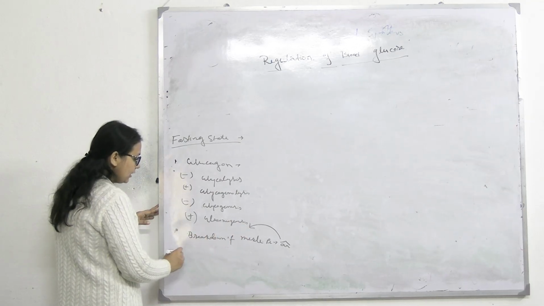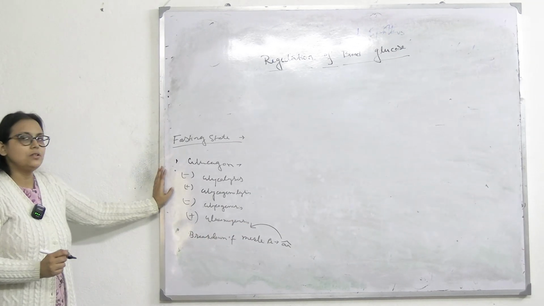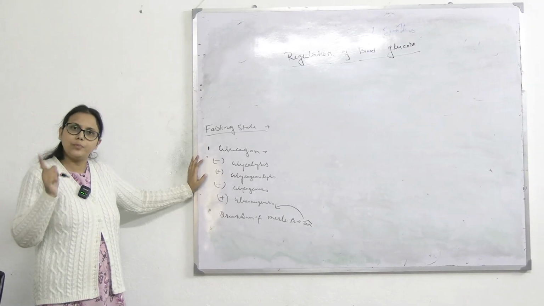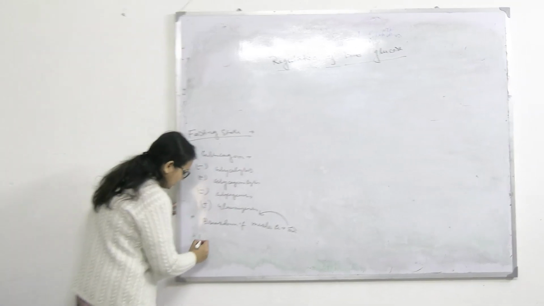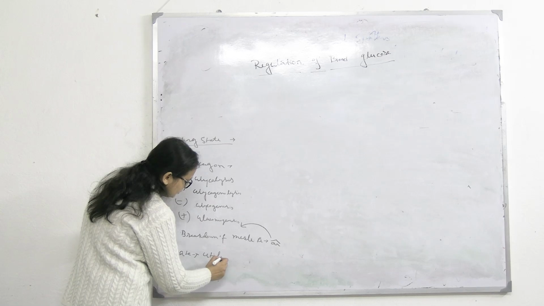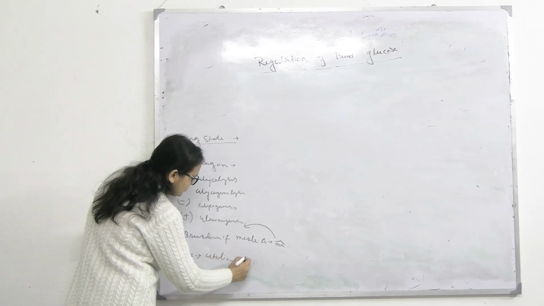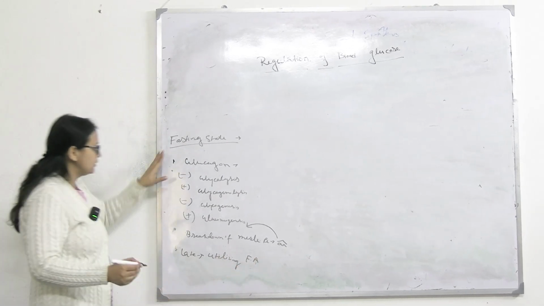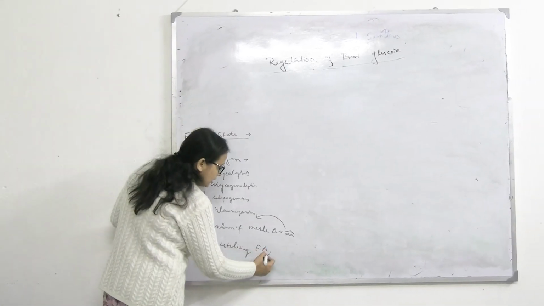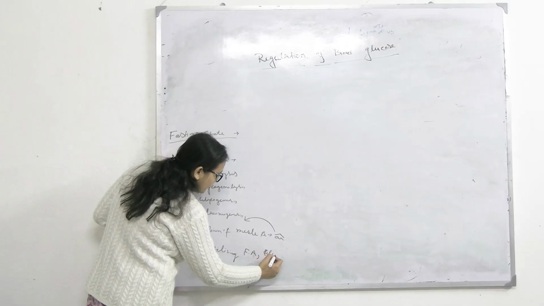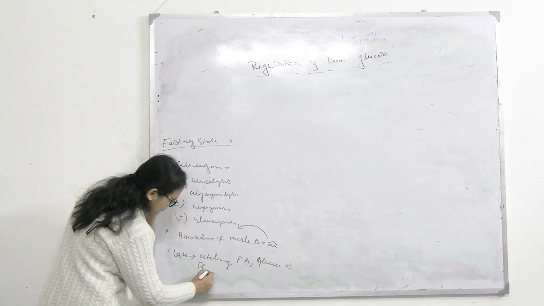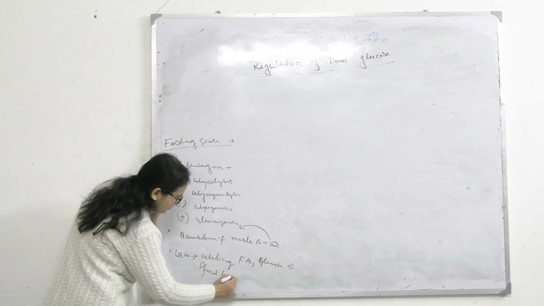And in the very late stage, the body will start utilizing fatty acid so that glucose is spared for our brain. In the early stage this mechanism will happen, but in the late stage the body will utilize fatty acid, and glucose is spared for the brain.